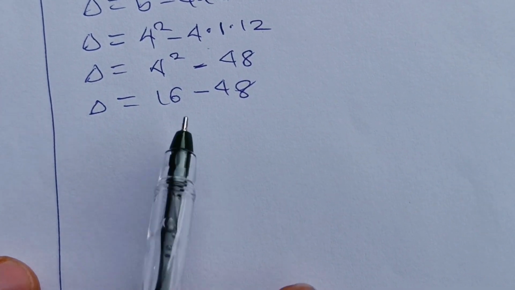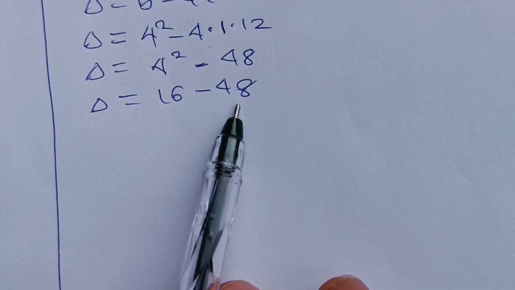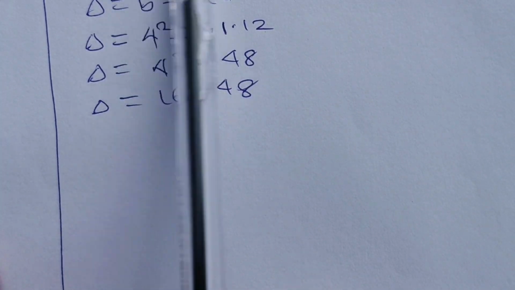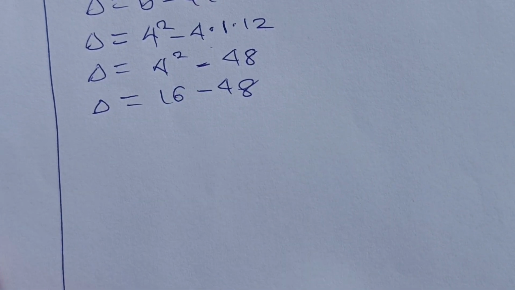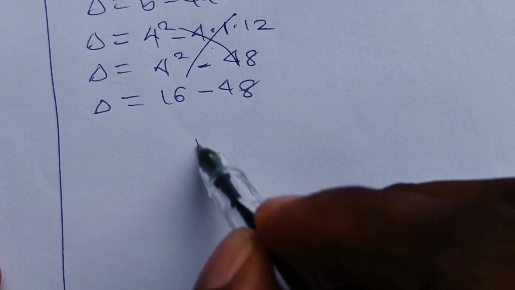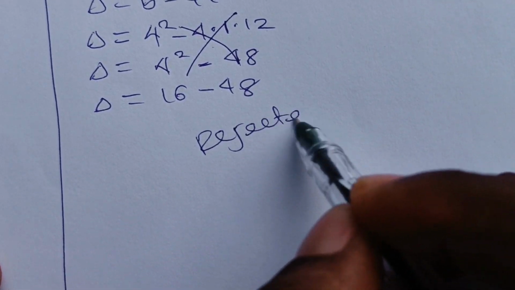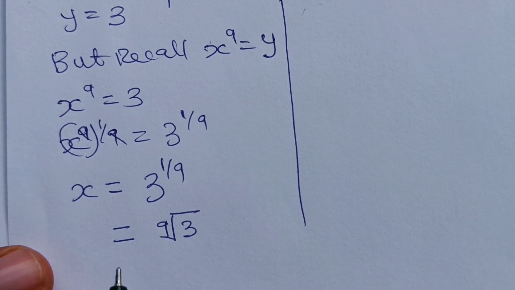Now minus 32 is a negative number, less than 0. That simply means that we are going to get an imaginary value from this side, and we don't need the imaginary value. Therefore we are going to reject this. That means that the only real value that we have is the 9th root of 3.